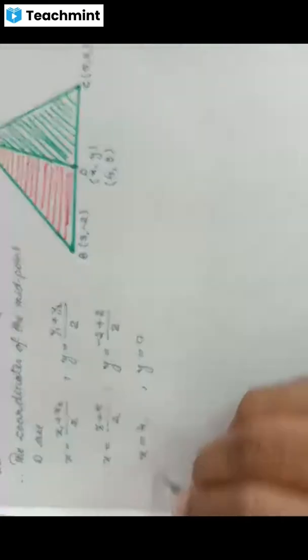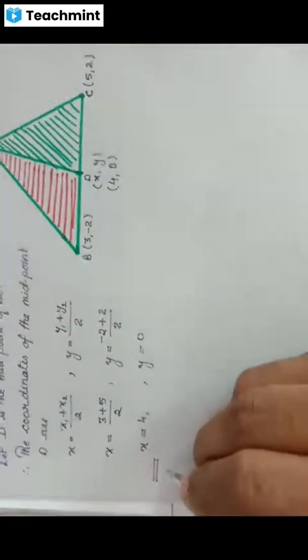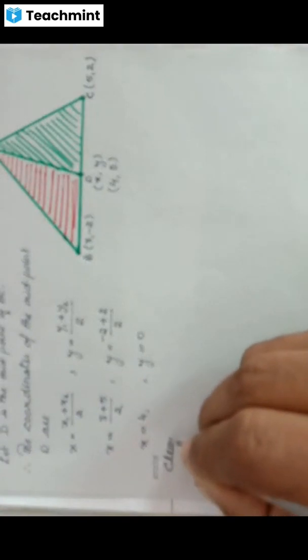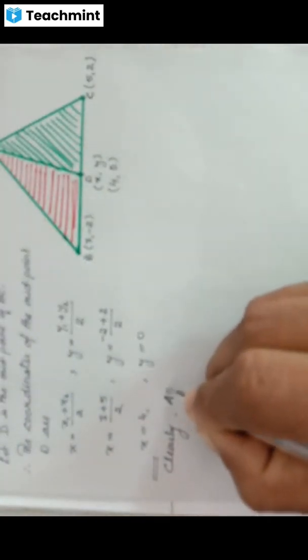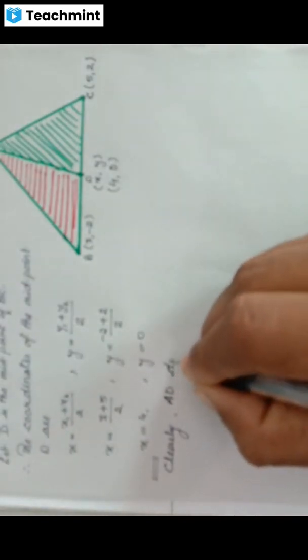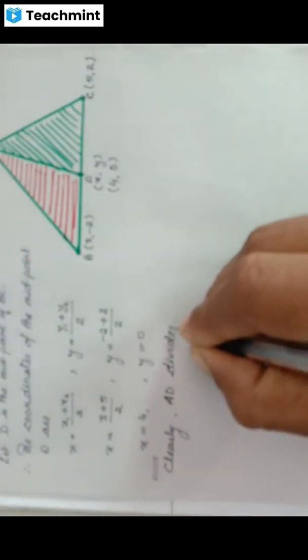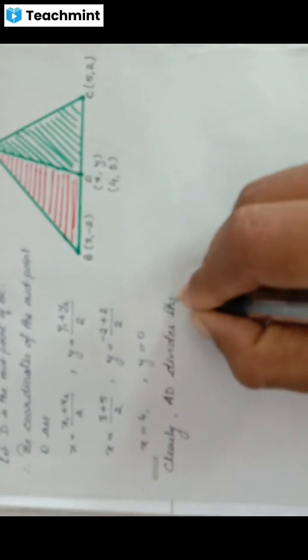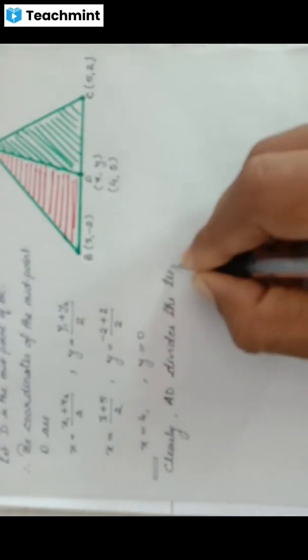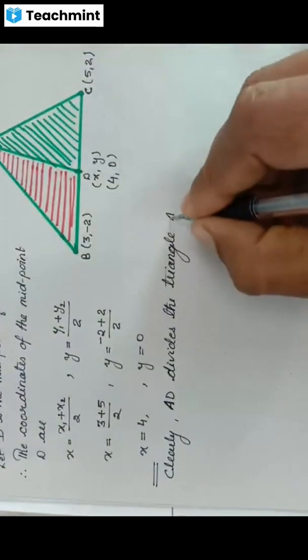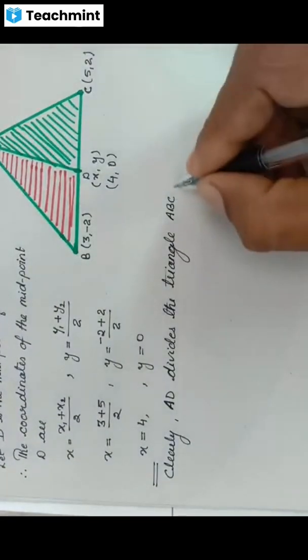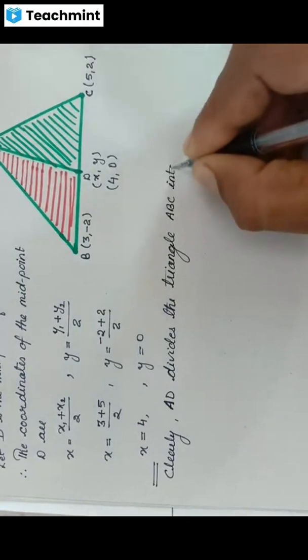So clearly AD divides the triangle ABC into two parts. We will mark the line so that you have a clear idea. Clearly, AD divides triangle ABC into two parts.